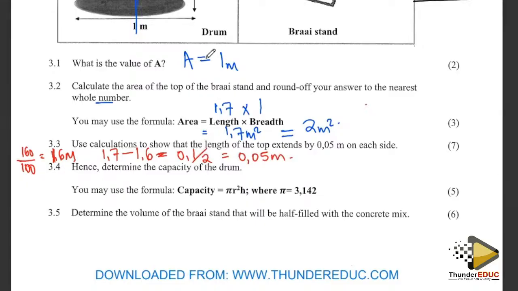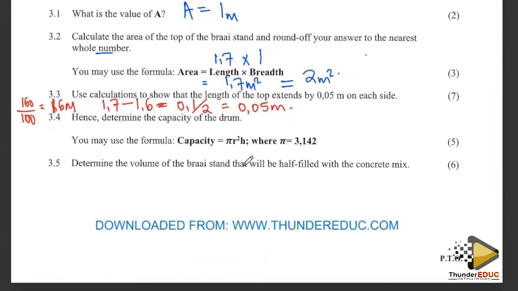Same story. Hence, calculate the capacity of the drum. Now, capacity of the drum, I've told you capacity equals pi r squared h. Don't forget, because the formula says find the capacity, and it says pi r squared h. So do you have pi? Yes, 3.142 times.